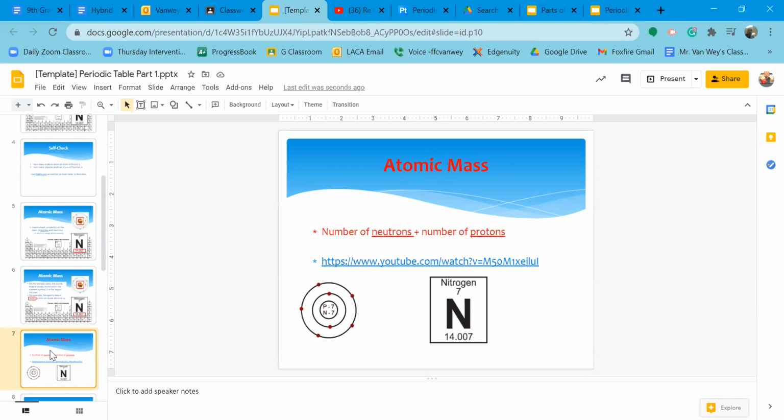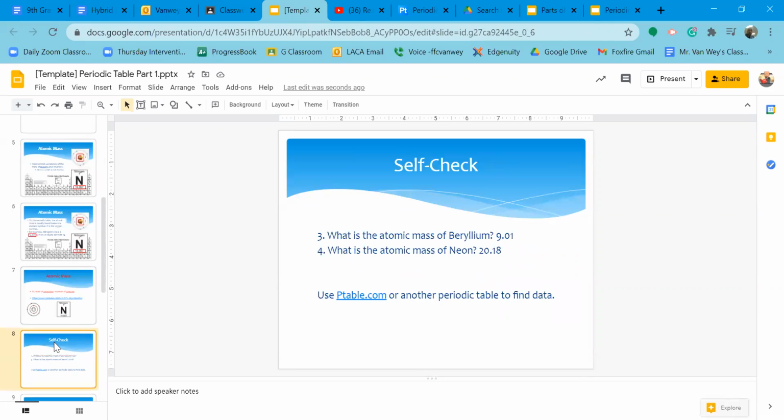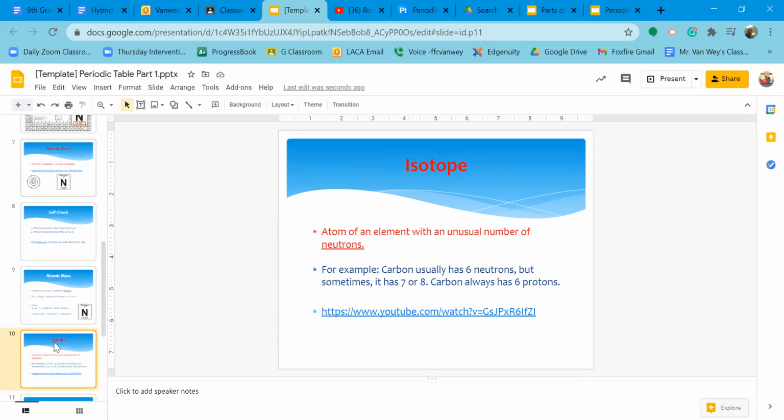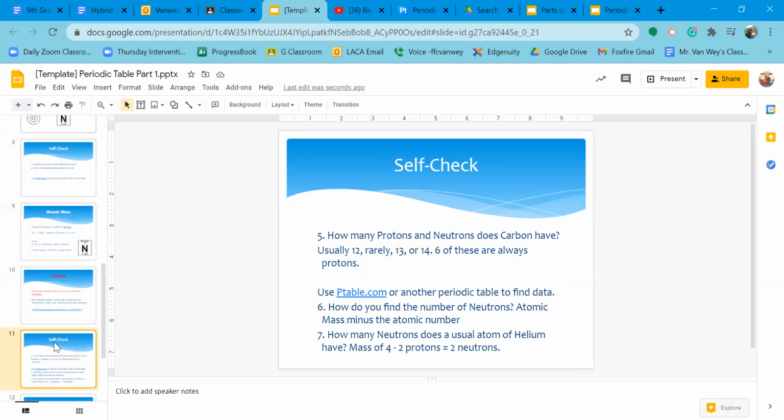Hopefully we know that the atomic mass is really an average. It's an average because there are isotopes. There are weird atoms with extra neutrons or fewer neutrons. Hopefully we can find the number of protons and neutrons in any element.